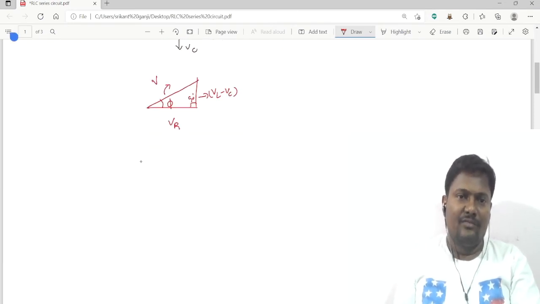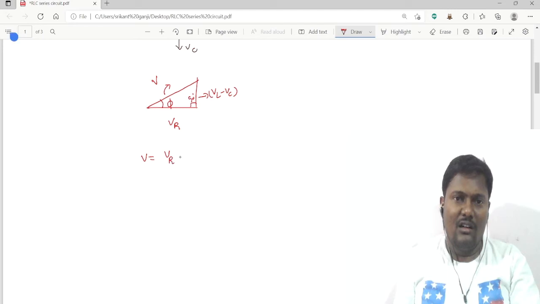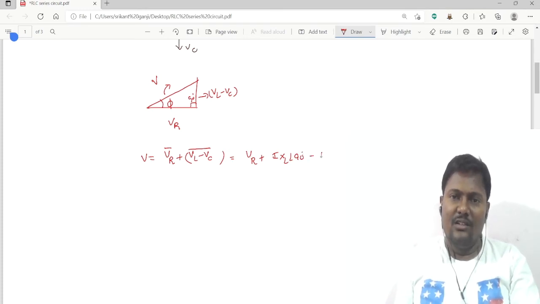So V can be written as VR plus the bar of VL minus VC, where VL is equal to I into XL at an angle of 90 degrees, and VC is equal to I into XC at an angle of 90 degrees.